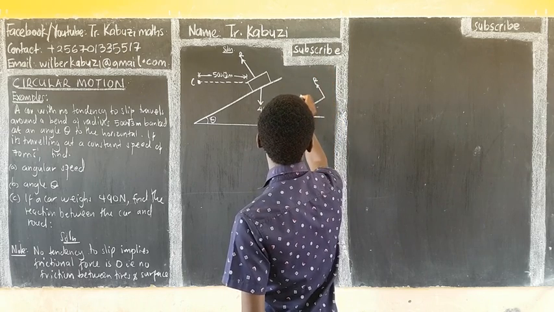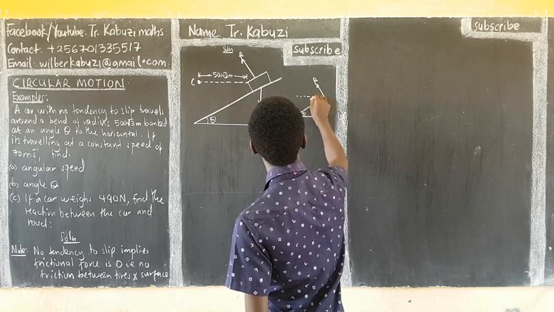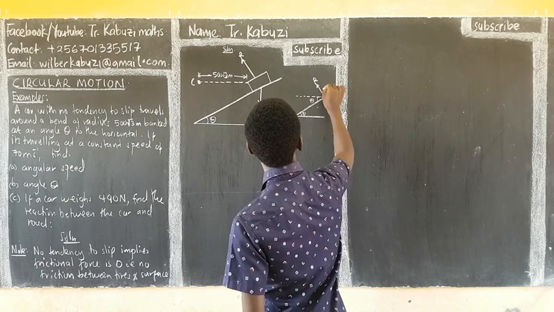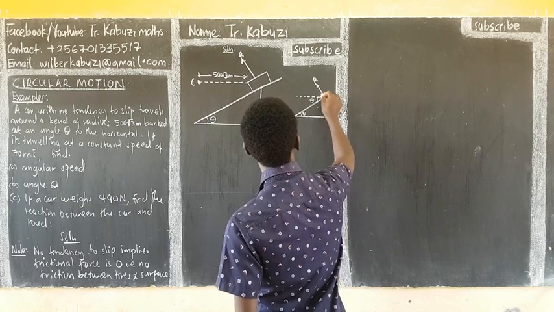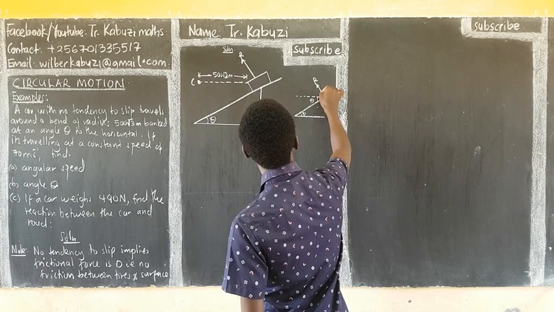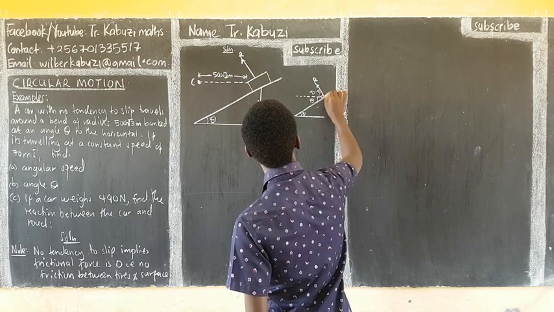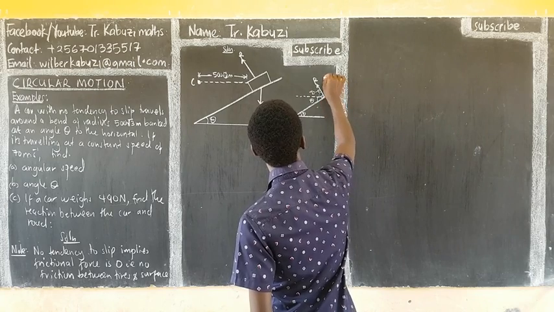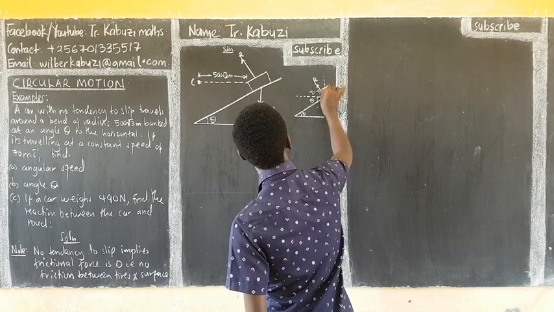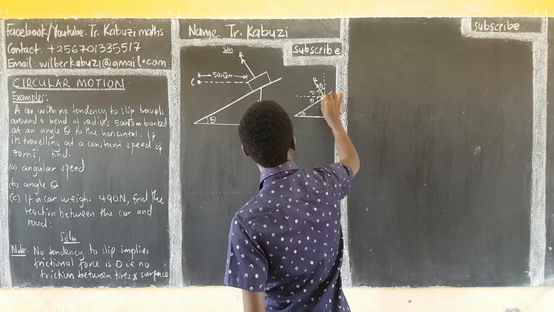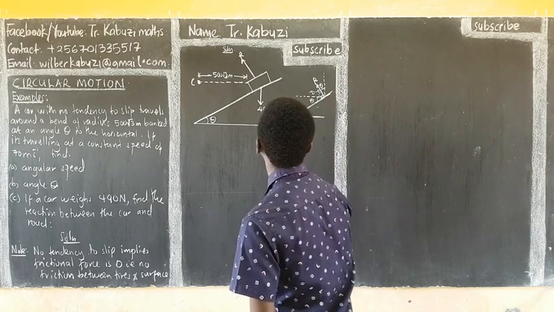Because the reaction is always perpendicular to the surface, it implies that this angle is 90 minus theta. Based on this, the angle between the vertical and the reaction is theta.